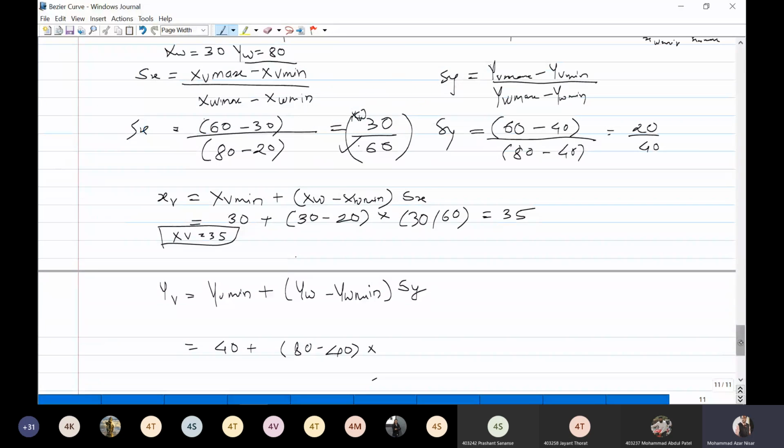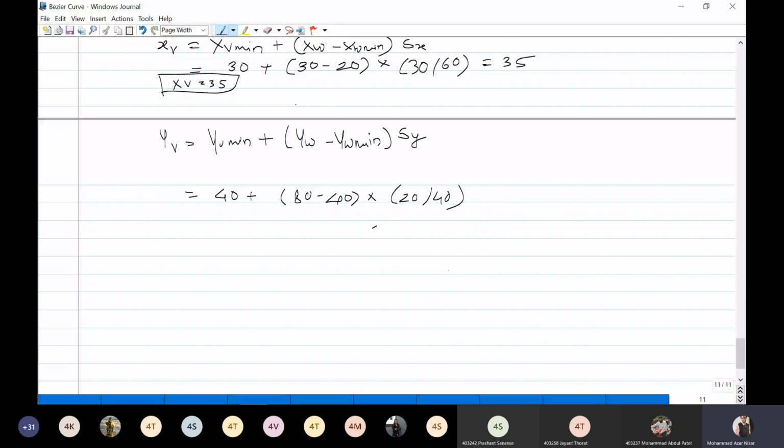So solving this, you will get the value 60. yv is equal to 60.